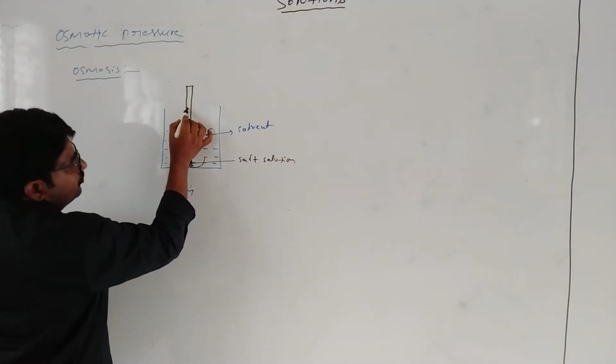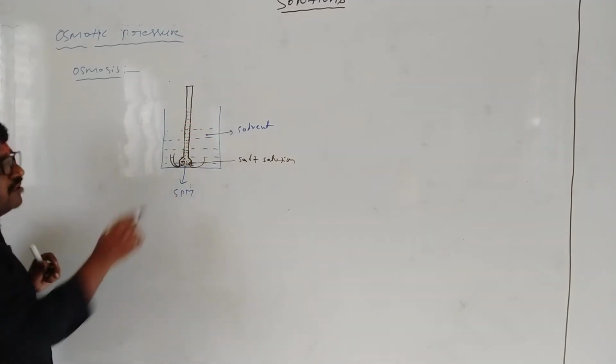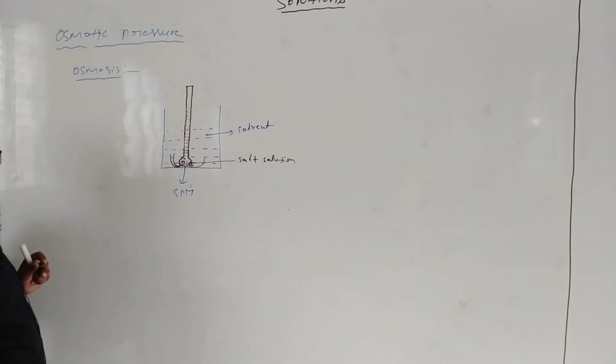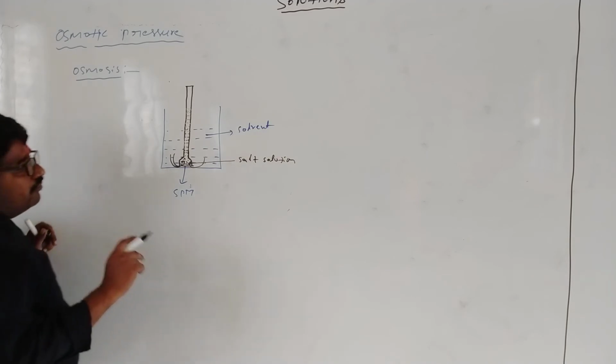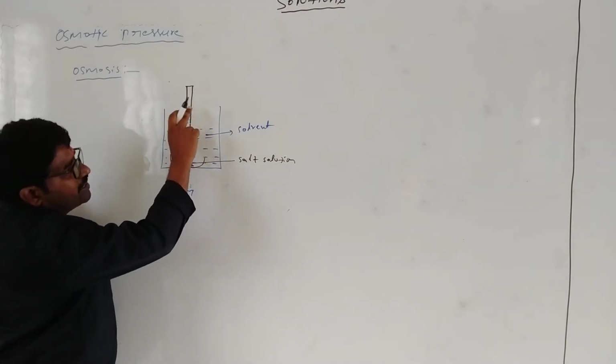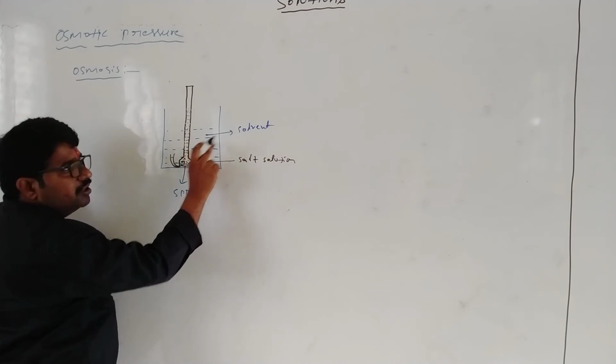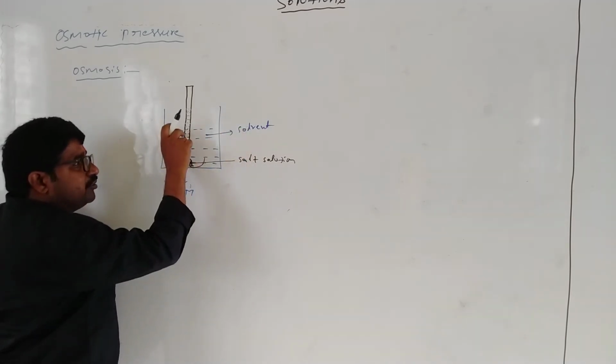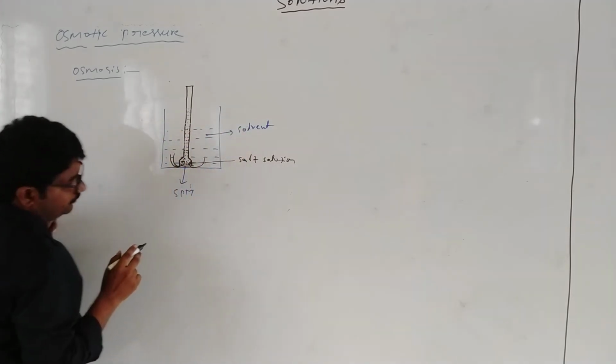So the height and the volume of the solution increase. Why does the volume of solution increase? Because the solvent enters into the solution through the semi-permeable membrane.